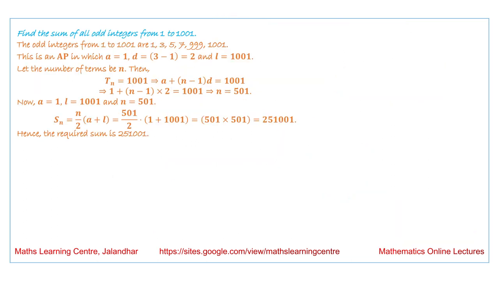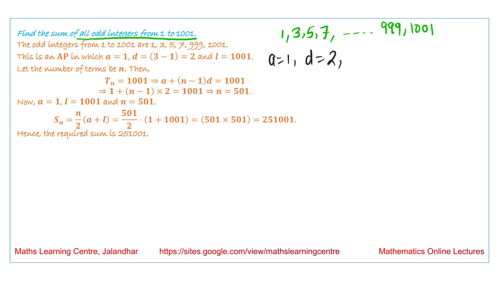Next is: find the sum of all odd integers from 1 to 1001. So we have 1, 3, 5, 7, and so on up to 999, then 1001. In this case, the value of a is 1, the value of d is 2, and the value of l is 1001.